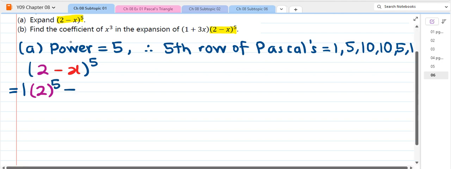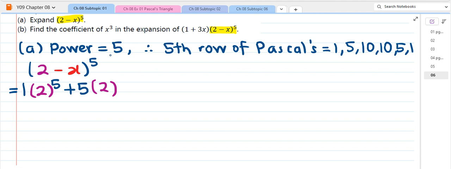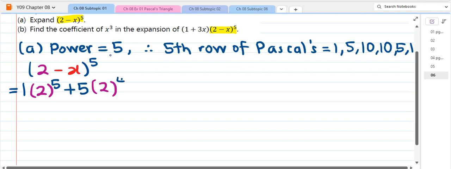The second term, the coefficient is 5. The a will have a decreased power, so decreasing the power of 5 will be 4. And you will have a b to the power of 1. So that's the second term. The next term will have a coefficient of 10. And the a will have a decreased power, so it's 3.